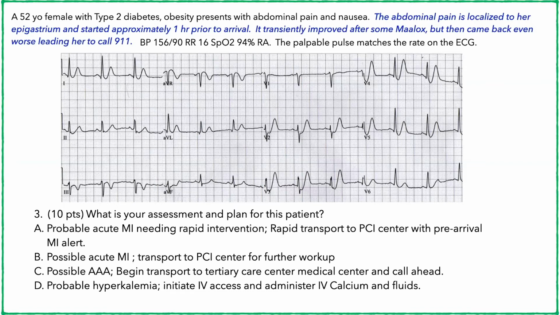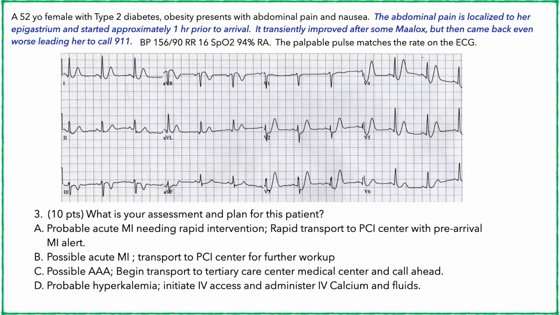And so the most important thing is that I take the differential diagnosis of what I see on the EKG, and I apply it to the patient context, right, which is a woman with type 2 diabetes and obesity, at high risk for an atypical presentation, presenting with nausea and epigastric pain, definitely a potential presentation of acute coronary syndrome, right? That is not a typical presentation of what I would think of as hyperkalemia or benign early repol. This is something that's really concerning for an acute MI.